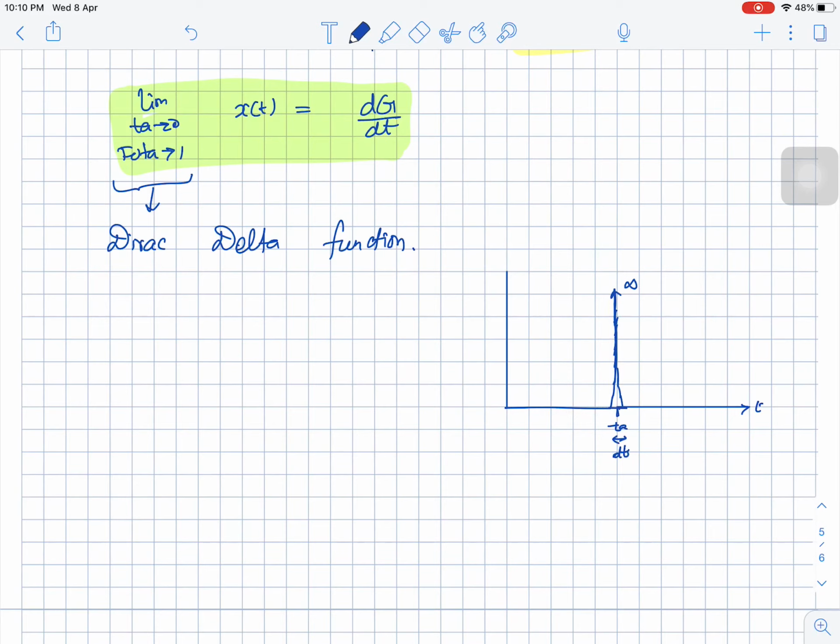But if you take the area of this signal, it will be 1. So this is called delta of t minus a.